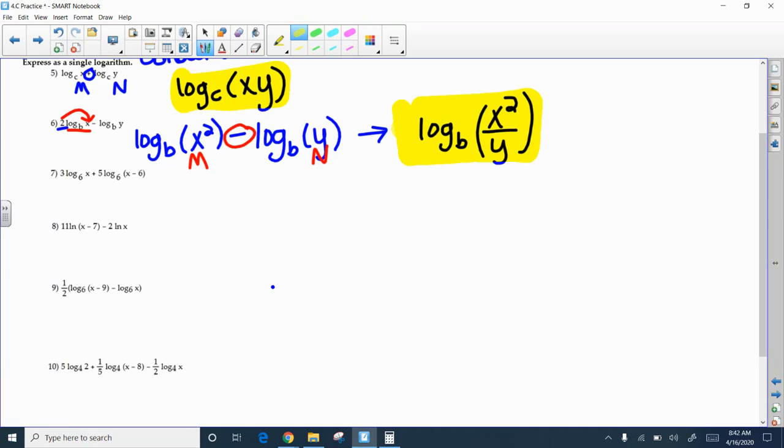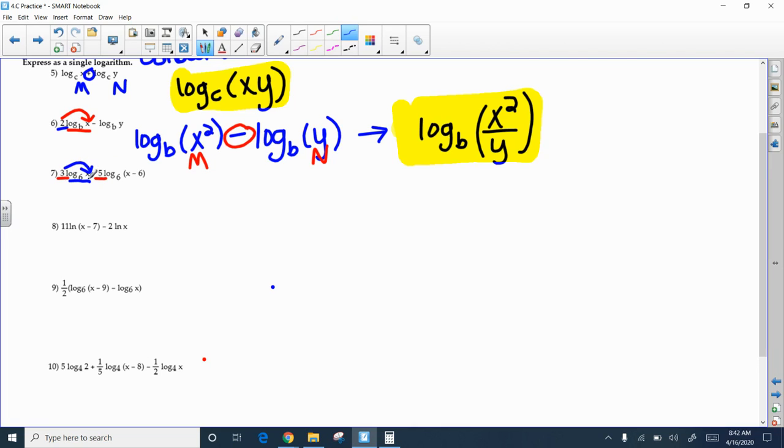All right, number 3, both of these have numbers in front. The 3 is in front of the log base 6 of x. I know it's only log base 6 of x because the plus 5 here is not in parentheses with the x.